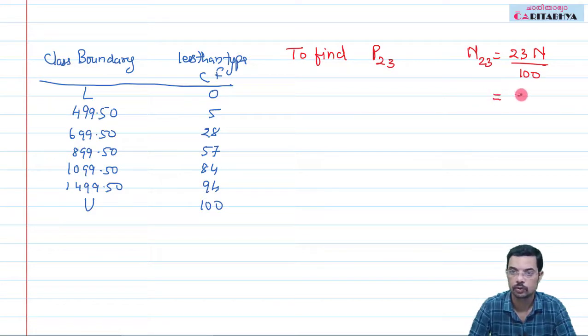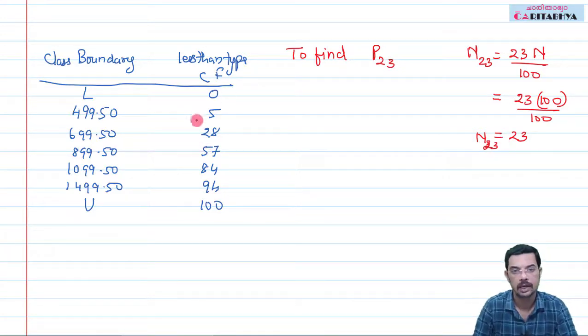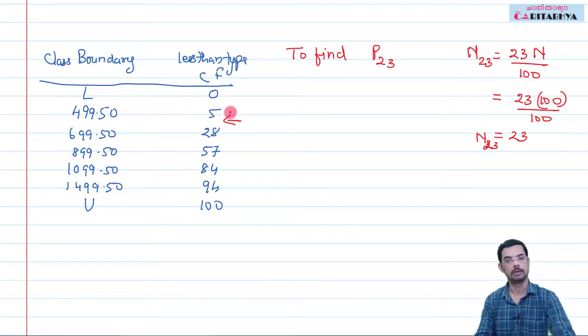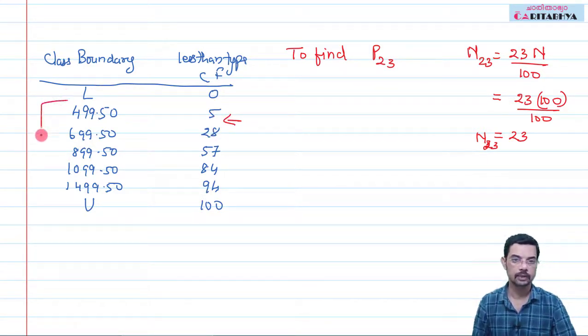So that is 23 into 100 divided by 100, which is equal to 23. Now we need to observe where N23 lies. It lies somewhere here in the cumulative frequency table between 5 and 28. So we are focusing on these two regions.